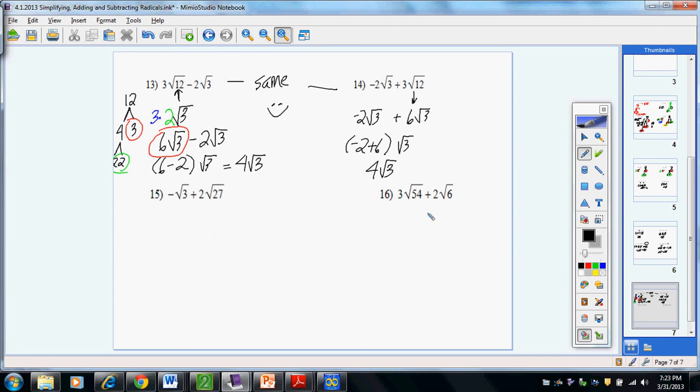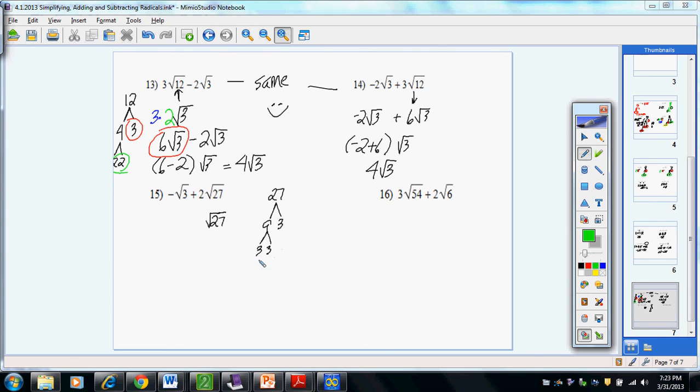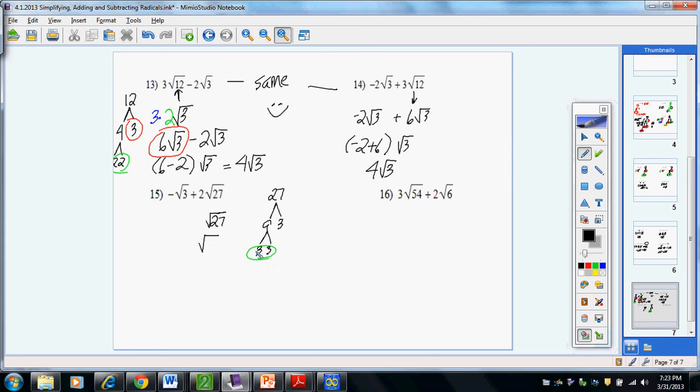Okay, so here we're going to go ahead and simplify this square root 27. Okay, so simplifying the square root 27, let's go ahead and factor this. 9 and 3, 3 and 3, so we see again we have the pair of 3's. Okay, so bringing our radical down, we have the pair of 3's.